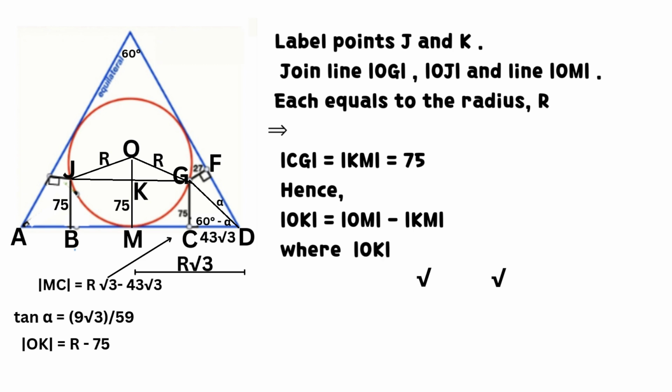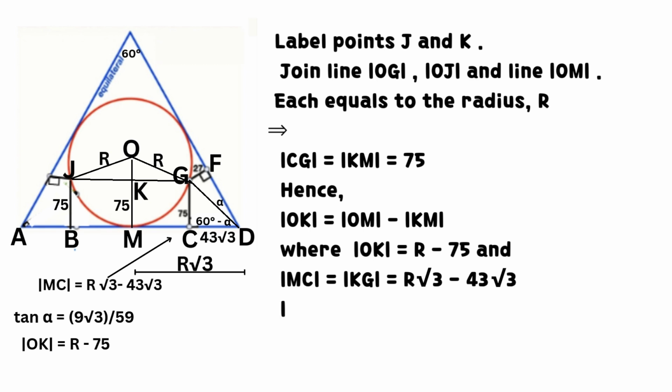It implies that line CG equals line KM, which equals 75. Hence, line OK equals R minus 75 and line MC equals line KG, which equals R times the square root of 3 minus 43 times the square root of 3. Also, line OG equals the radius R of the circle.